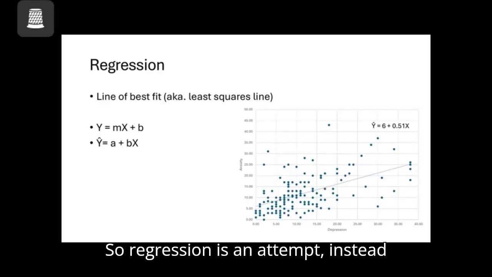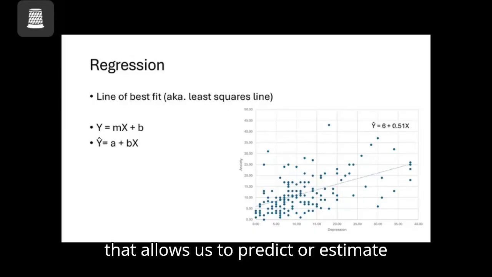So regression is an attempt, instead of just describing our data, which is what correlation does, to speak to the larger population, that based on our data, we can predict what the scores in the population would be.